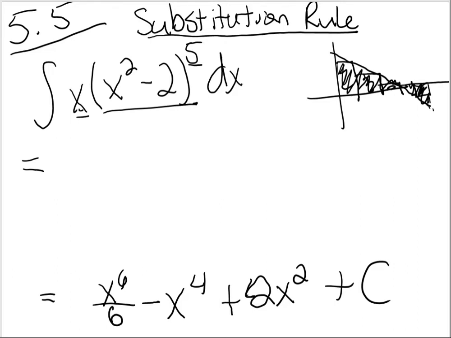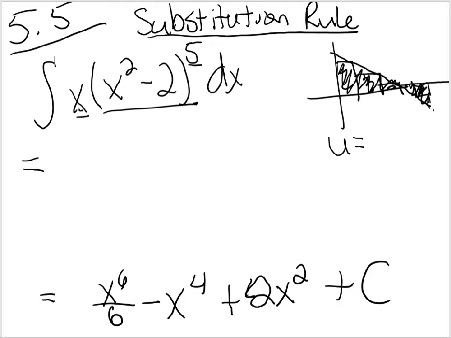The idea is, well, let's do a change of variables. Because we can't just straight out integrate it as is. Let's change the variables. So for my change of variables, I have a couple options.